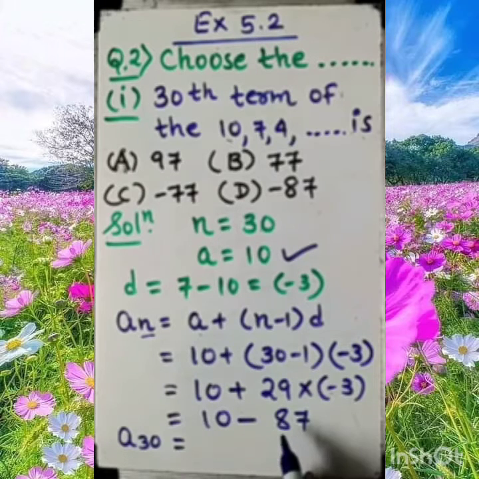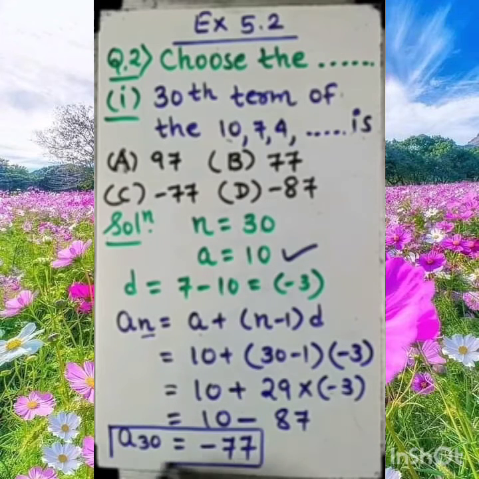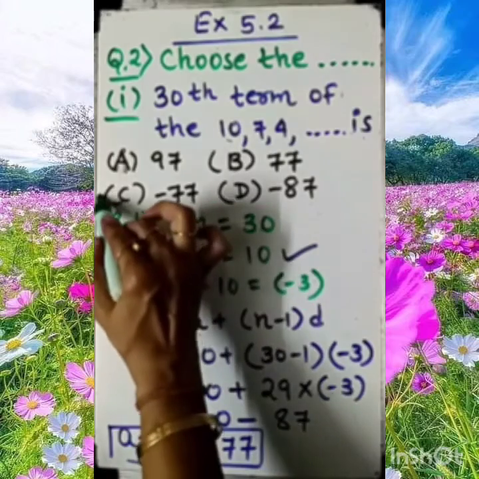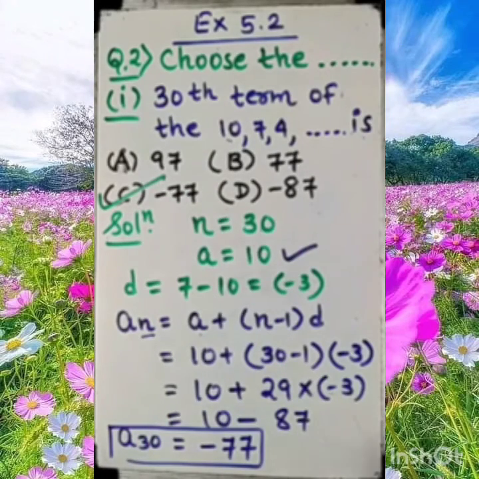Now when we subtract from this to this, I will have minus 77. So the correct option minus 77, option C is correct, right? So I need to write option C is the correct option. This is the solution of the first MCQ, choose the correct answer.